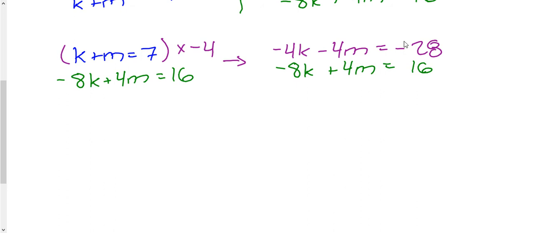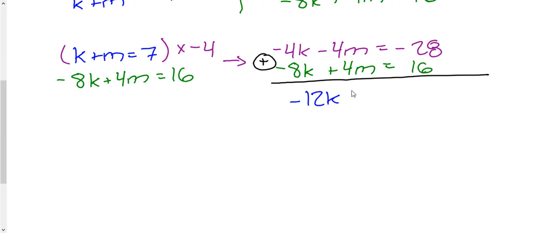Here I have my systems of equations set up. I'm just going to put an addition sign in front, equal sign underneath, and start my process. So I got negative 4 plus negative 8, that's negative 12k. My m's would cancel because I have negative 4 plus positive 4. And negative 28 plus 16 is going to get me to negative 12.